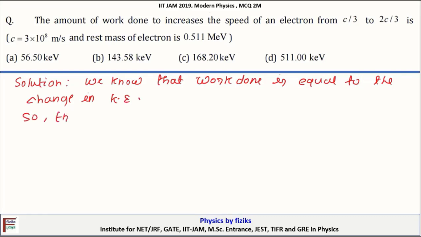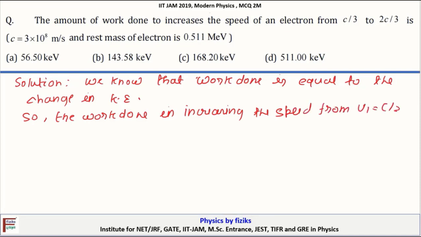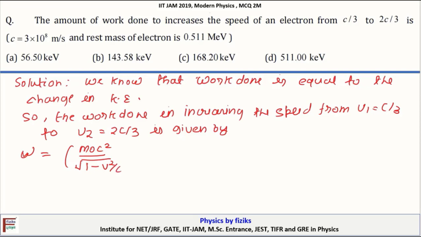So, the work done in increasing the speed from V1 equals c/3 to V2 equals 2c/3 is given by W equals m0 c square over root of (1 minus V2 square by c square) minus m0 c square, minus m0 c square over root of (1 minus V1 square by c square) minus m0 c square.